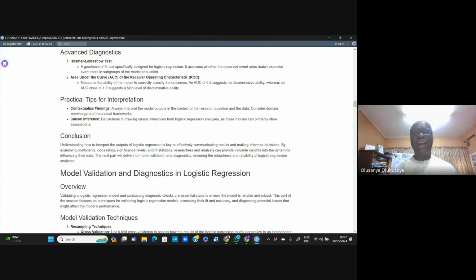So you always put context to your research question, limit your interpretation to your research question, and don't go outside the area of your research. Don't go beyond what the data is saying.